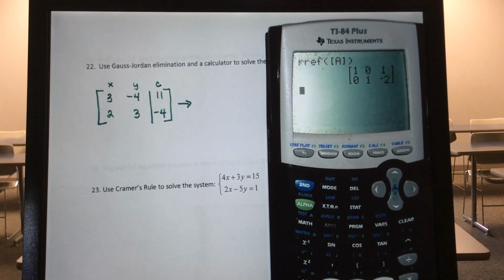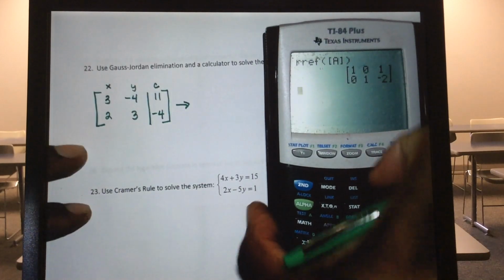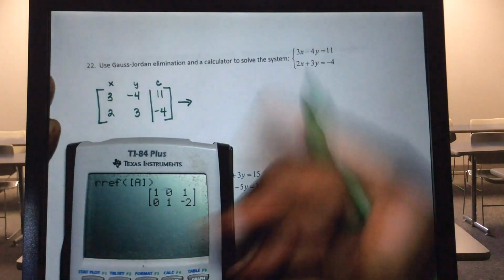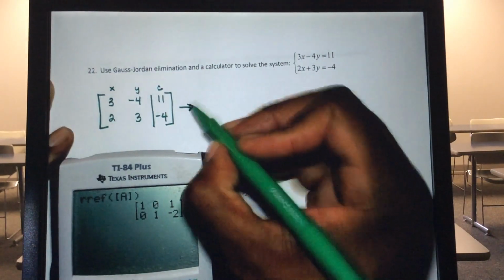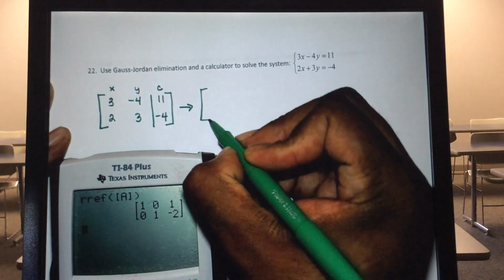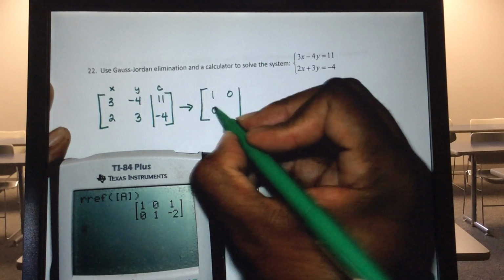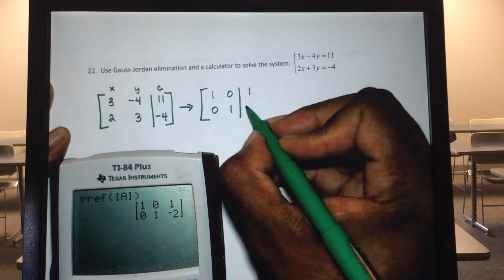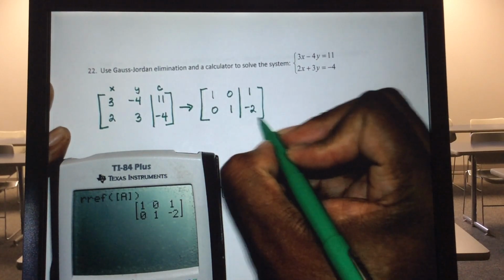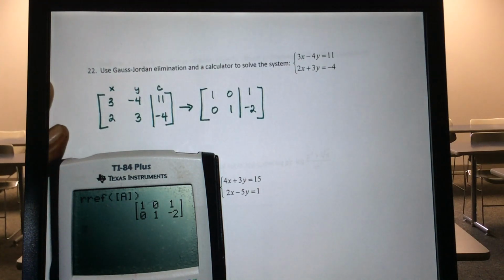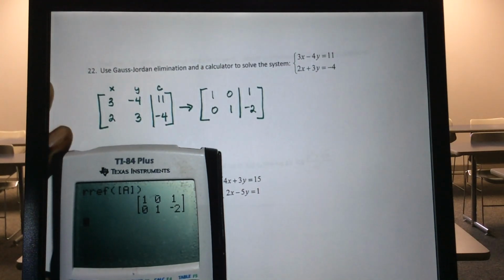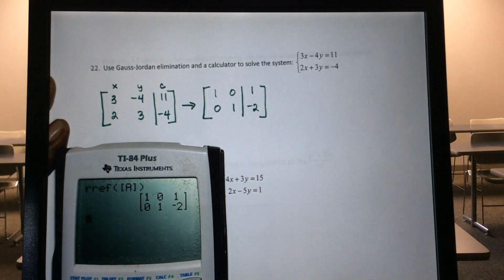So this is what you need to copy down on the paper. In this case here, we got 1, 0 with a vertical bar, 0, 1, and then 1, negative 2. That would be the reduced row echelon form of that matrix here.